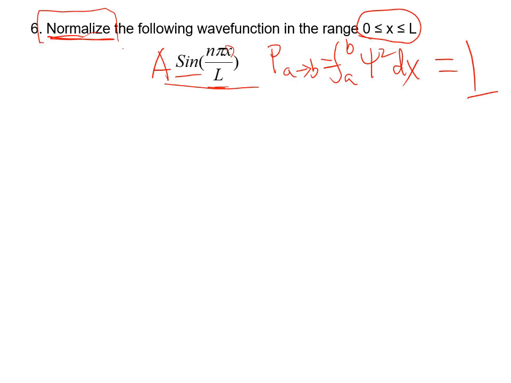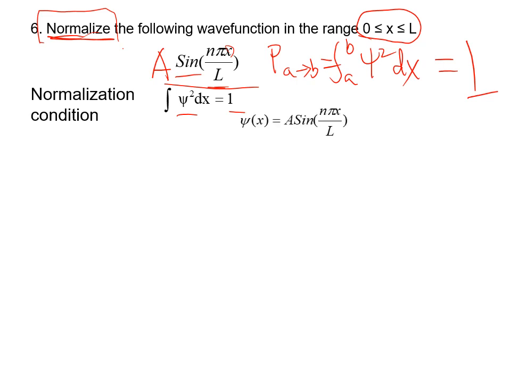So in general, when we normalize a function, we write the integral of psi squared over the whole range equals 1, and then we plug in the wave function. In this case, it's A times sine n pi x over L. We want to find what A is to make this wave function normalized. So plug in and square it.